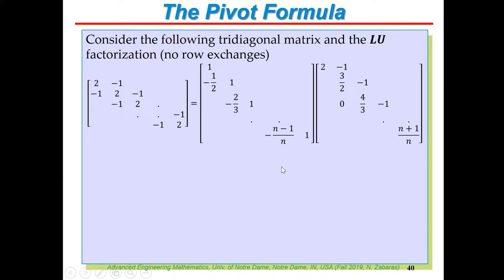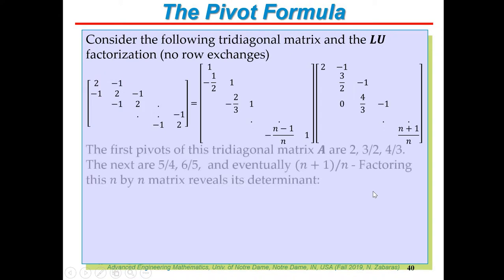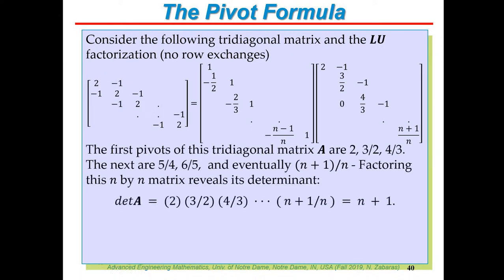So we can go in and compute directly the determinant of this matrix A, of this 3-diagonal matrix, by multiplying the pivots. And you can see you multiply 2 by 3/2, so the 2's are cancelled. Then you multiply 3 by 4/3, the 3's cancel, and eventually what you get is this very important result that the determinant for this 3-diagonal matrix is equal to n plus 1.